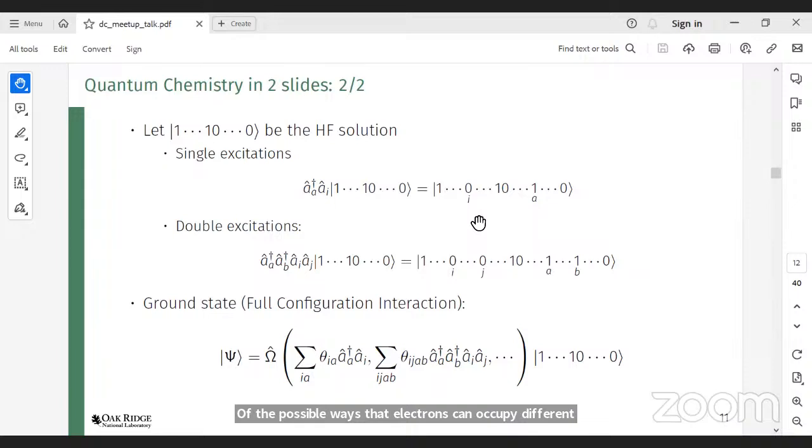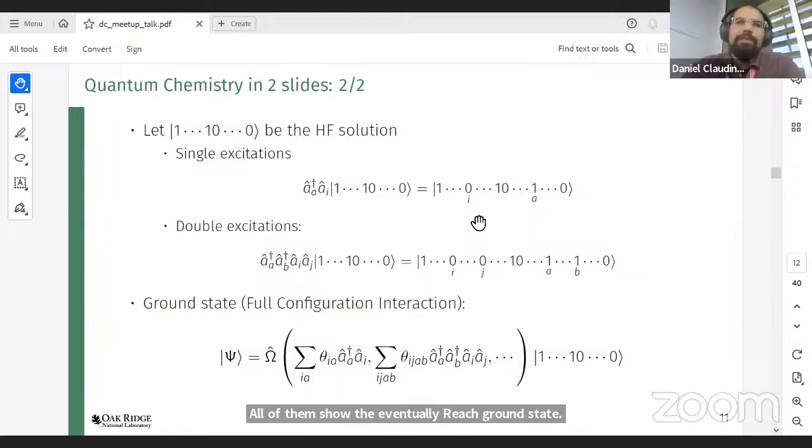So is there an assumption here that all participants in this chemical interaction should eventually reach ground state? No, you find a ground state for an entire system, right?